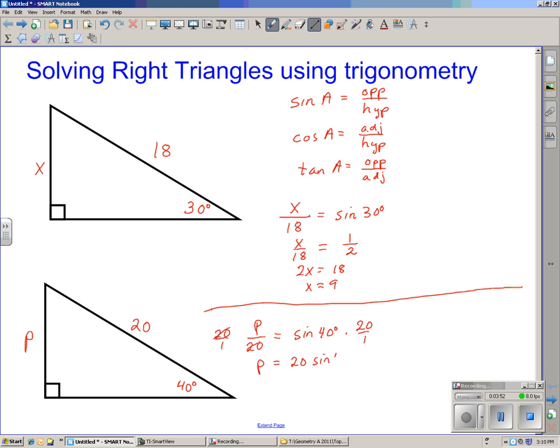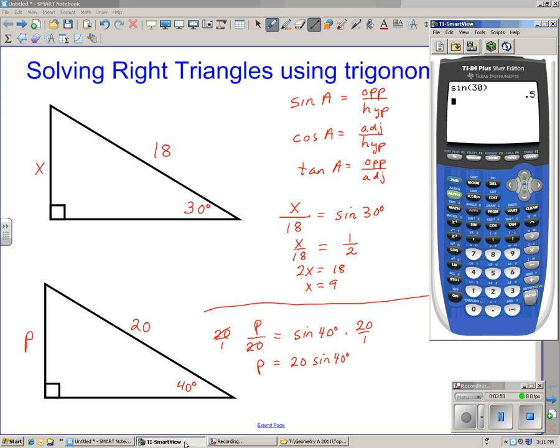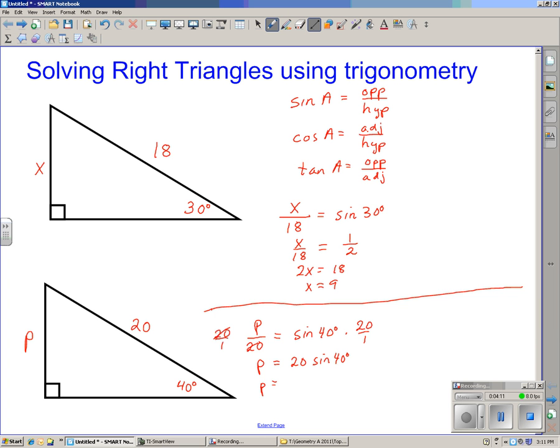Usually you write that number 20 in front of the sine expression. Now I go to my calculator, and I do 20 times the sine of 40 degrees, and that gives me 12.86. P is equal to 12.86. All right, that's the answer.